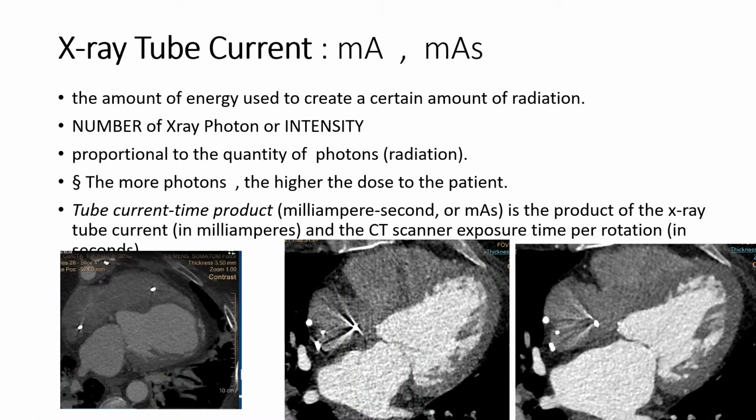So why is the X-ray tube current important? The amount of energy we apply to that X-ray source that I showed you earlier will create a certain amount of radiation. The number of X-ray photons is equal to intensity, meaning that more MA, more photons, more radiation, okay? And the amount the patient receives is determined by the tube current multiplied by the time.